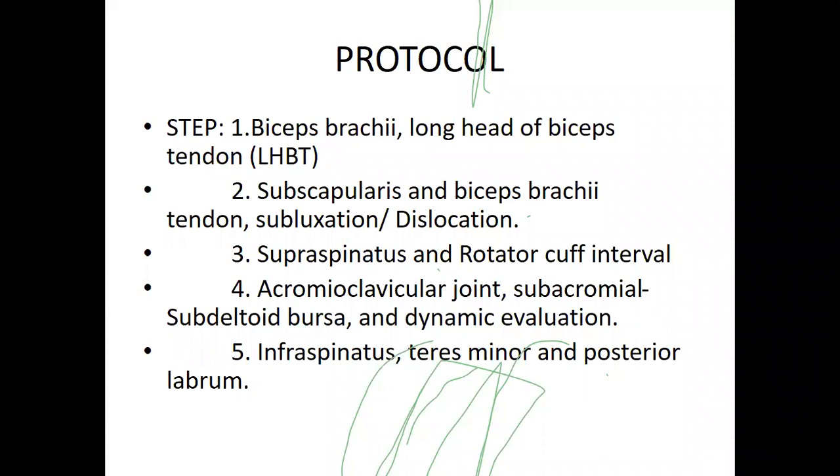Apart from that, we also want to look at the subscapularis and the biceps brachii tendon, subluxation and dislocation. This is the anterior compartment. So in the anterior compartment, we are basically looking at two things: the long head of the biceps tendon sitting in the bicipital groove.